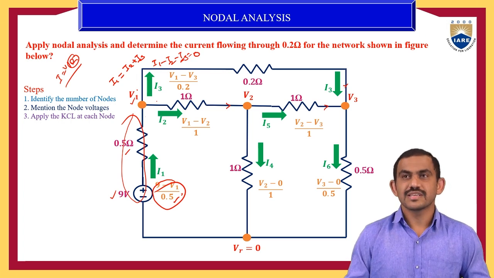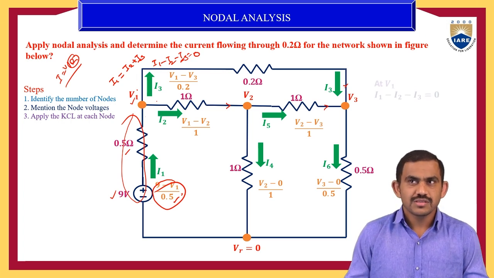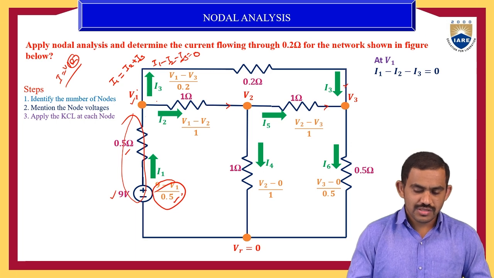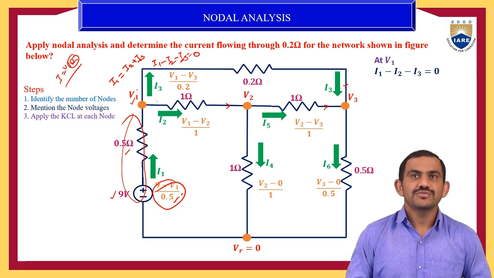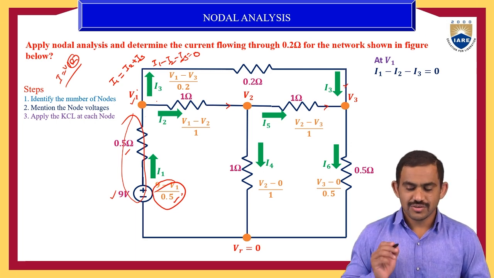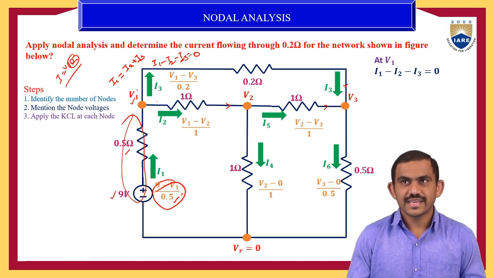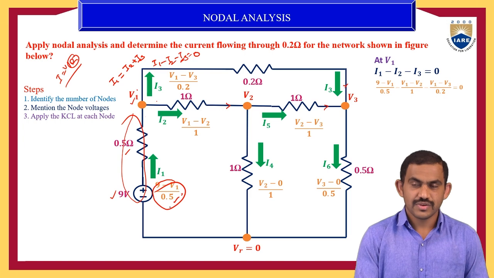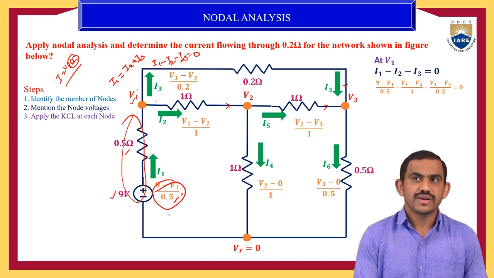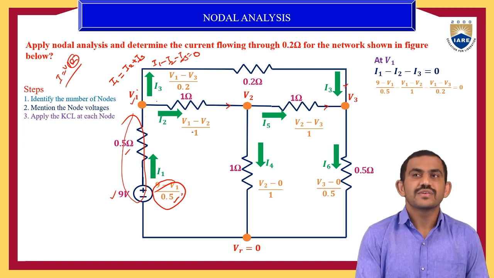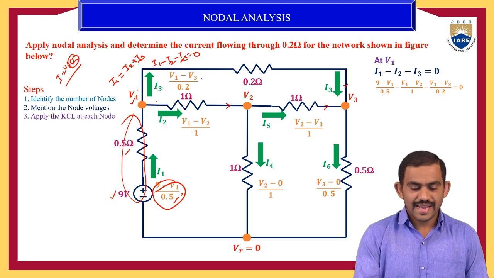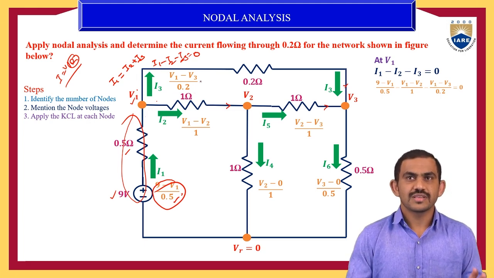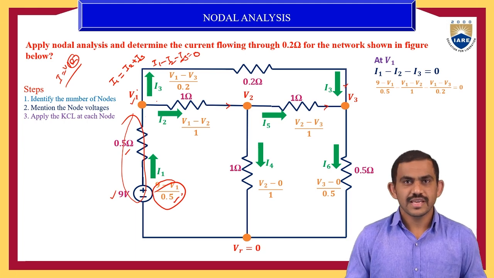So now the KCL rule at V1: I1 minus I2 minus I3 equals 0. Just substitute the I1, I2, I3 values: 9 minus V1 by 0.5 minus V1 minus V2 by 1, as well as the I3 value, V1 minus V3 by 0.2. So these three currents are substituted.